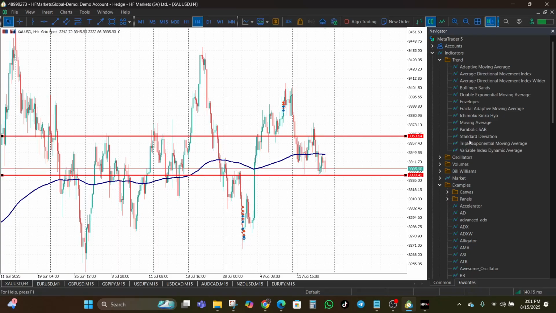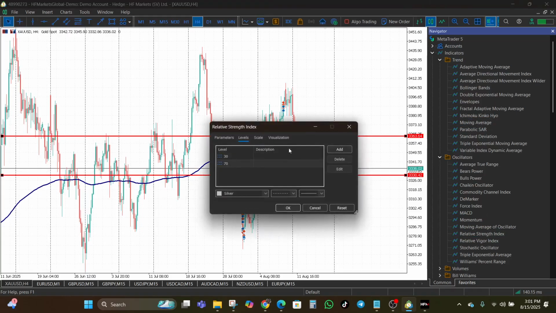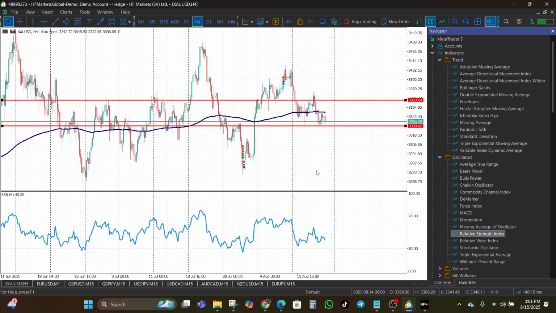And maybe oscillators like the relative strength index, a popular one, to spot potential reversals.